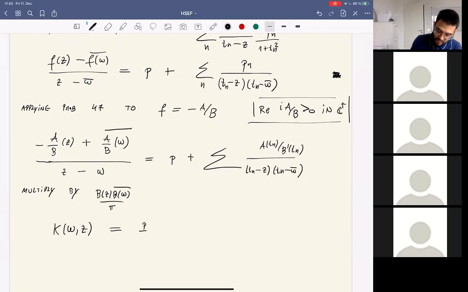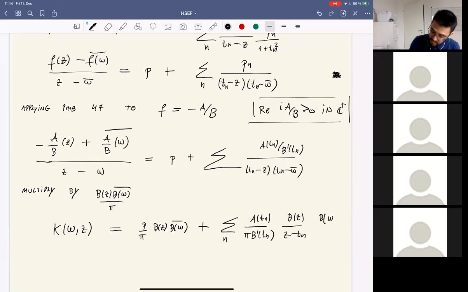And on the right, you get P over pi, P of Z, P of W bar, and in here plus, A of Tn divided by pi B prime of Tn, and then you get B of Z divided by Z minus Tn, and then B of W bar divided by, yeah, I can switch both of these guys if I want. I'm switching it. You can switch this, okay?